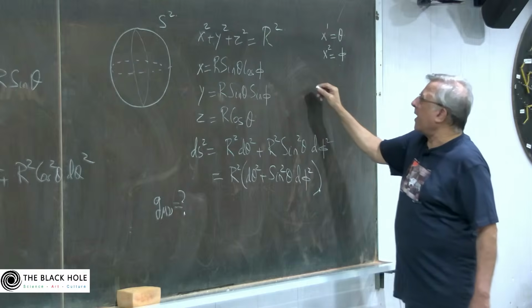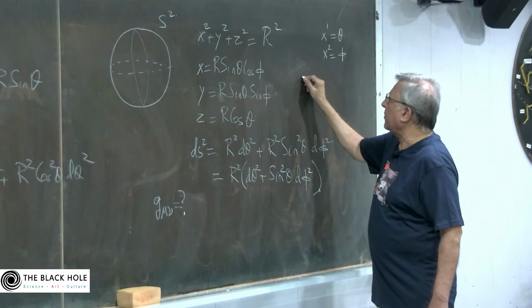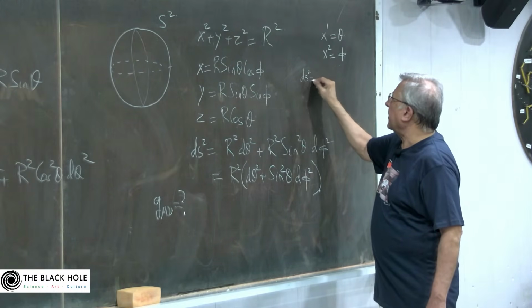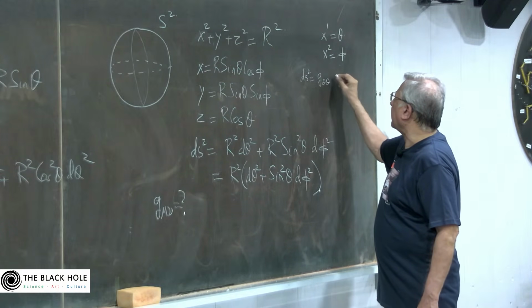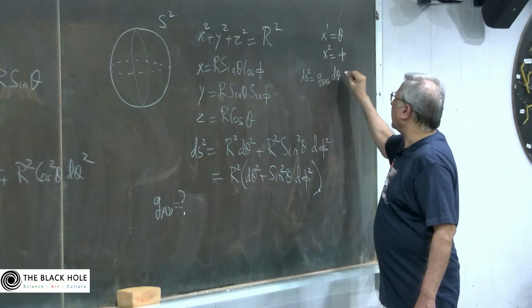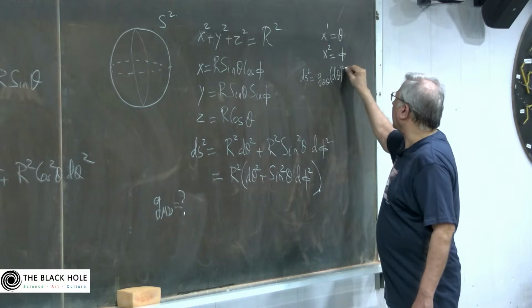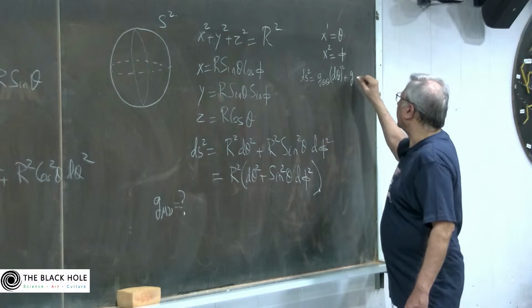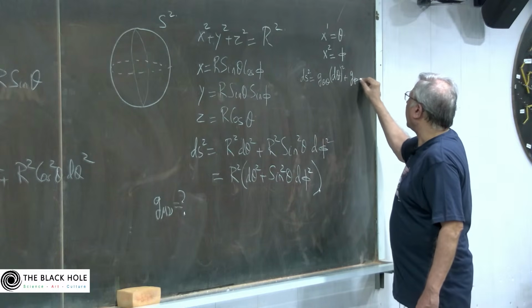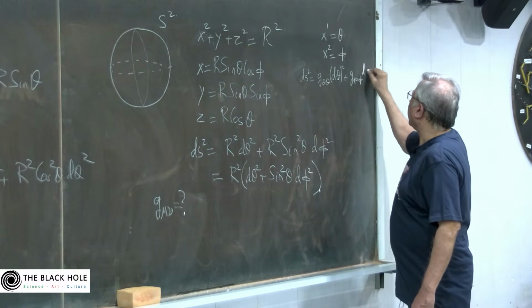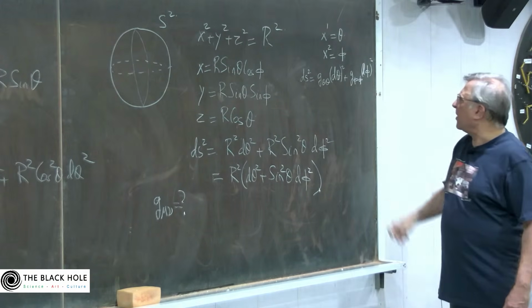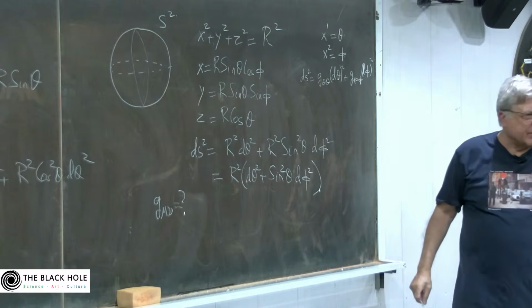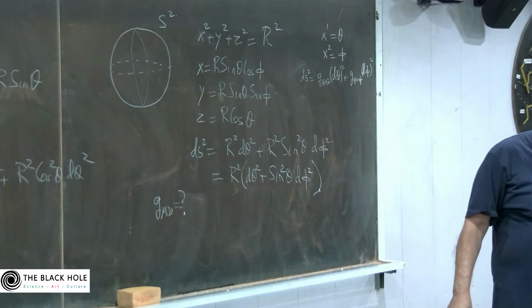So I am now looking for the form ds squared is equal to g theta theta d theta squared plus g phi phi d phi squared. And what happened to the d theta d phi terms?